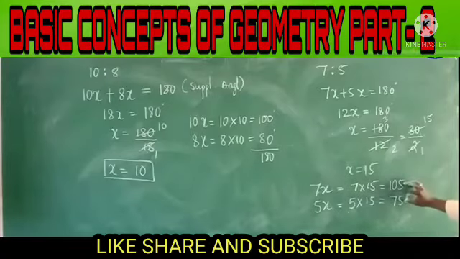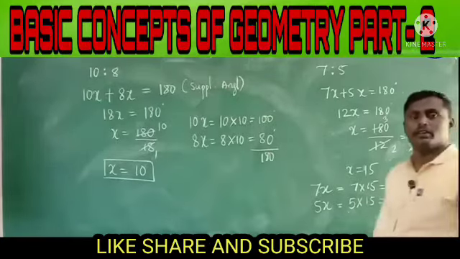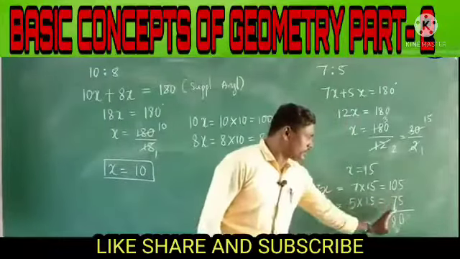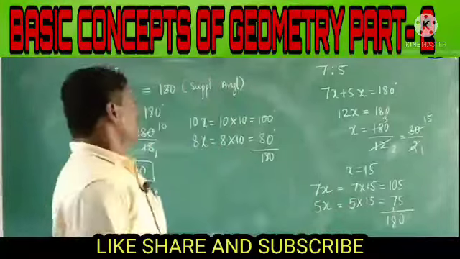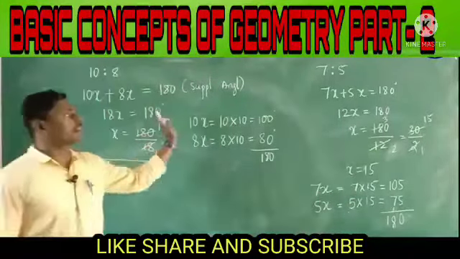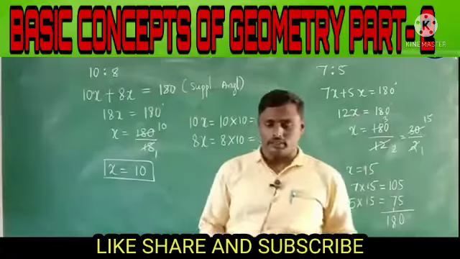Whether the sum of these two angles is equal to 180 degree. Just add these two angles. 5 plus 5 is 0. Carry 1. 7 plus 1 is 8. Last one is 1. The sum of these two angles is equal to 180 degree, right? So these are the two examples for finding the supplementary angles.